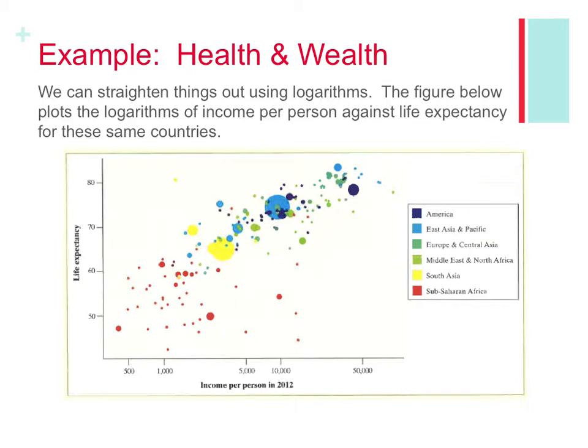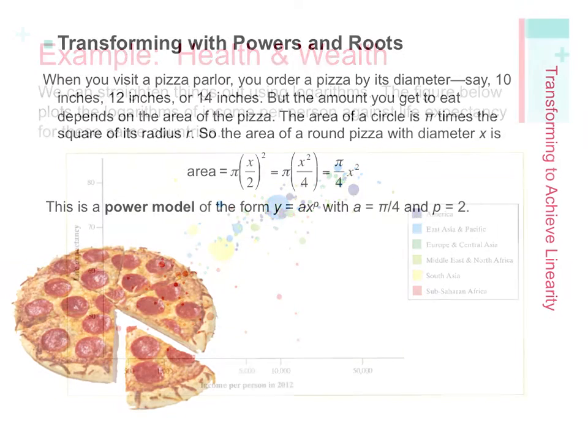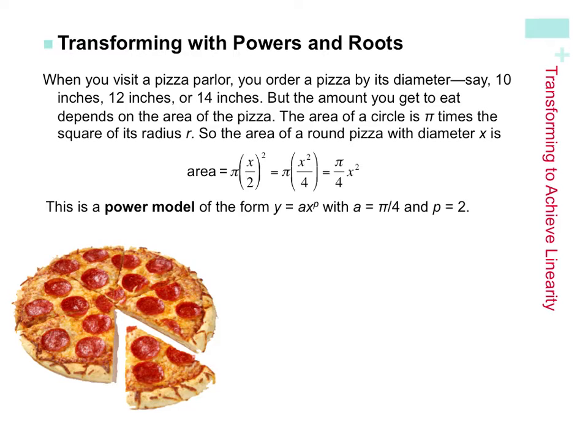The figure below plots the logarithm of the income per person as opposed to just the income per person, keeping the life expectancy the same. What appears to happen is that your graph is now showing a clear linear pattern. Let's first discuss, actually not logarithms, but we'll start with transforming with roots and powers.